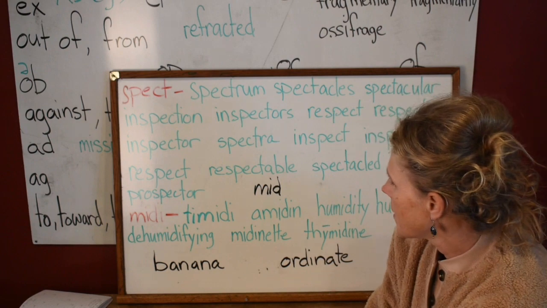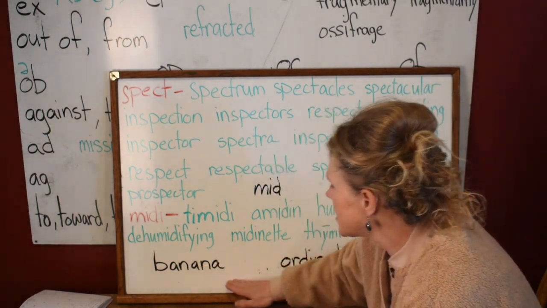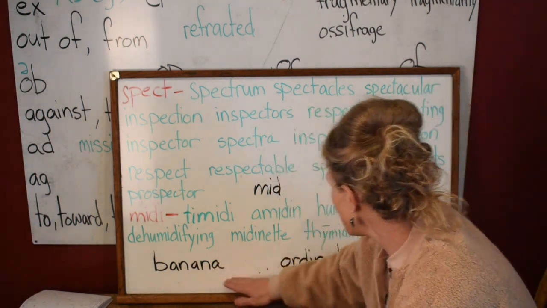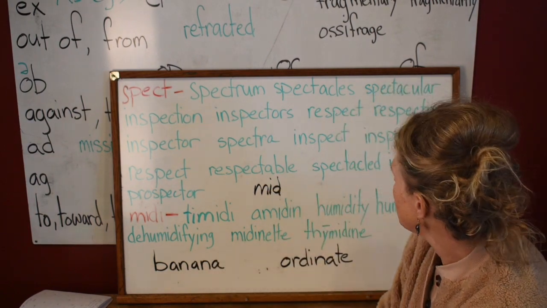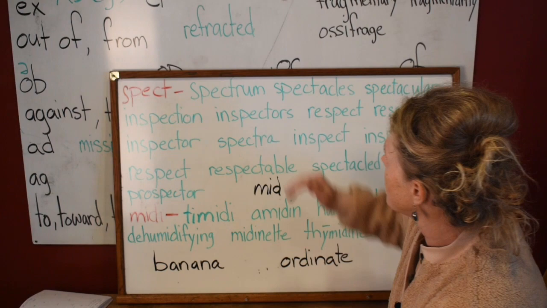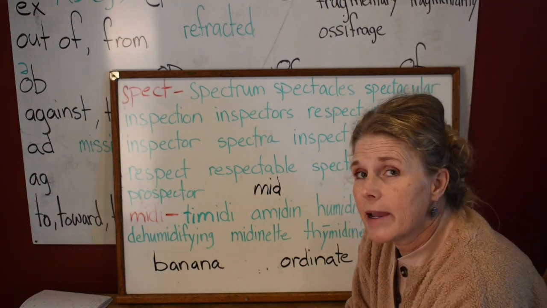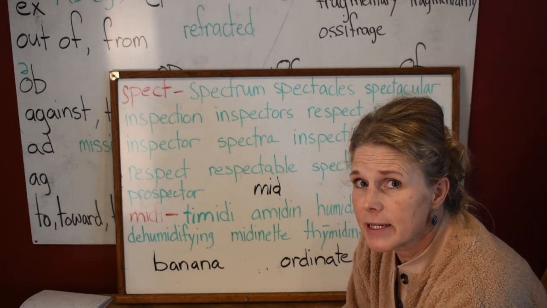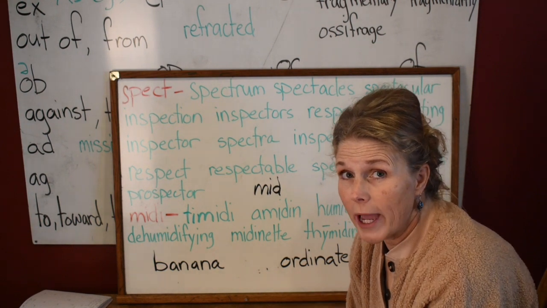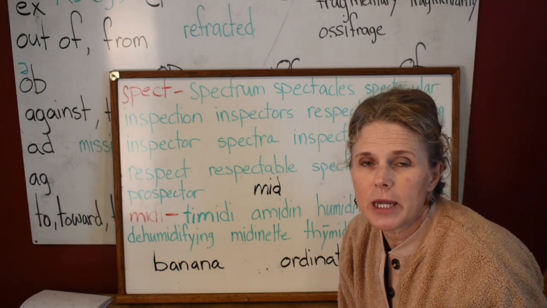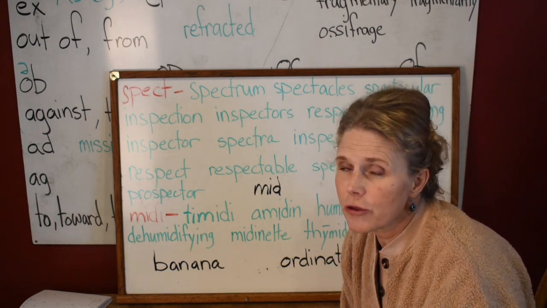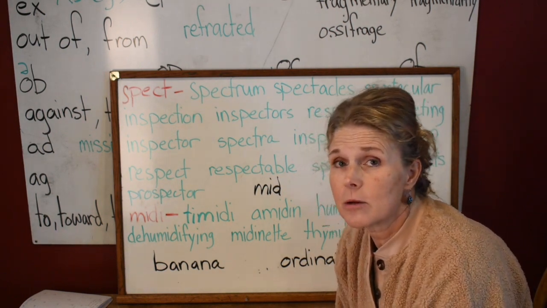So now we have a 3-syllable word, and I chose words that do not have Latin roots, because all of the ones we're focusing on are Latin roots. And when you're talking about accents, you know almost always that the Latin root is accented, whether it's in the 5th syllable, the 3rd syllable, or the last syllable.